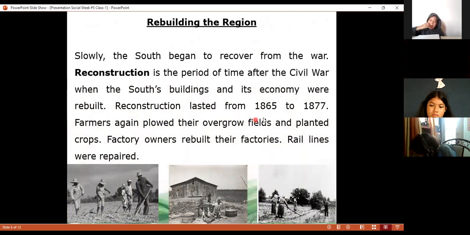It lasted from 1865 to 1877. They started planting crops, rebuilding their houses, and factory owners rebuilt their factories. Rail lines were repaired. So these people in those times were reconstructing everything that was destroyed during the war.